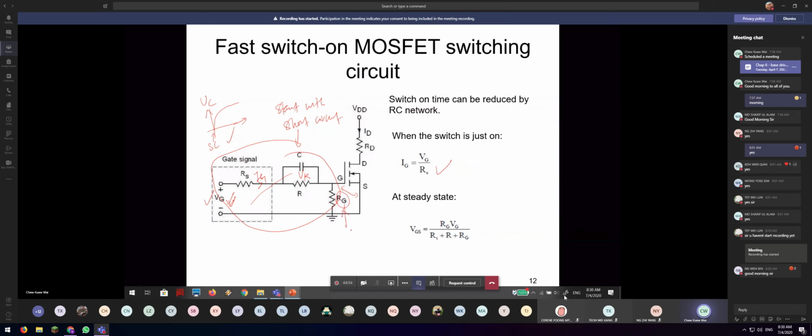Normally this gate resistor is very high, up to mega ohms. It's very normal because they want to block the current flow. So according to the voltage divider rule, the gate-to-source voltage VGS is equal to RG over RG plus RS plus R, multiplied by VG. This will give you the VGS at the steady stage.